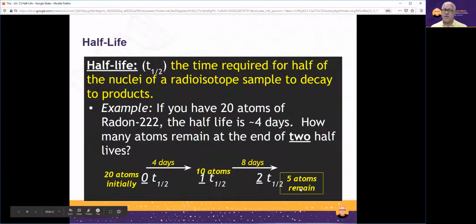So if the half-life of radon-222 is 4 days, and we go 8 days, that's 2 half-lives. So you take the number of atoms, you divide it by 2, then by 2 again, that's 2 half-lives, and we end up with 5 atoms.